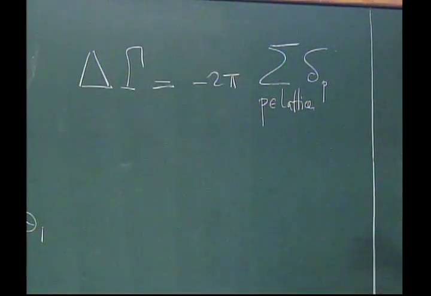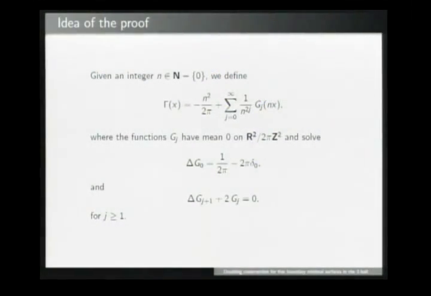Okay, so gamma depends on the parameter n, and gamma can be expanded in a series like this. What is important is that gamma starts with a constant which is minus n squared over 2 pi, and then you have a sum of functions which can be defined inductively, and the most important one is the first one, which is G0. So gamma looks like minus n squared over 2 pi plus G0 plus 1 over n squared times G1 plus 1 over n to the 4 times G2 and so on.